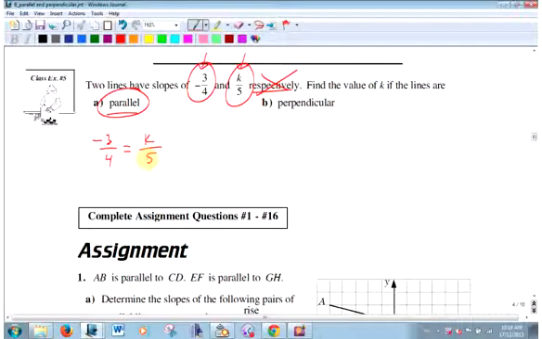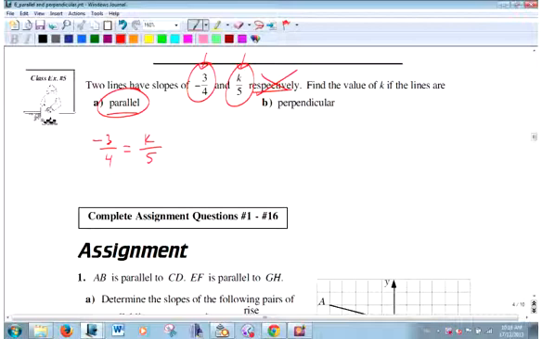Like equal? That's it. The slopes are the same. They're parallel. Can I solve that for k? Maybe. I hope so. One equation, one variable. I should be able to solve that for k.